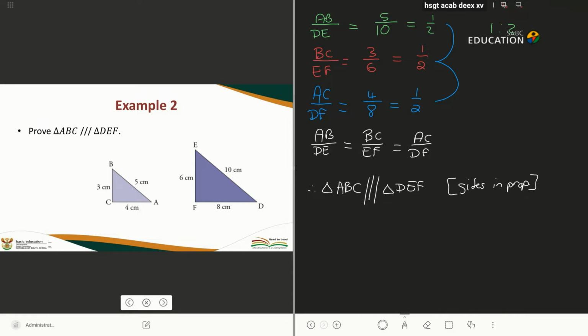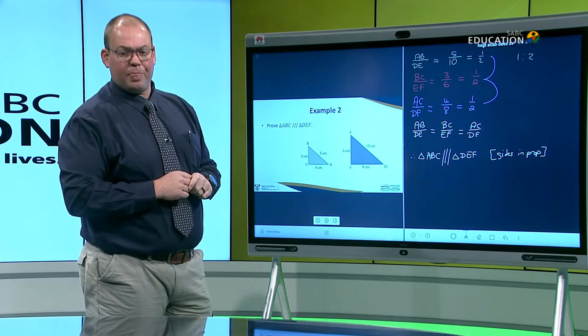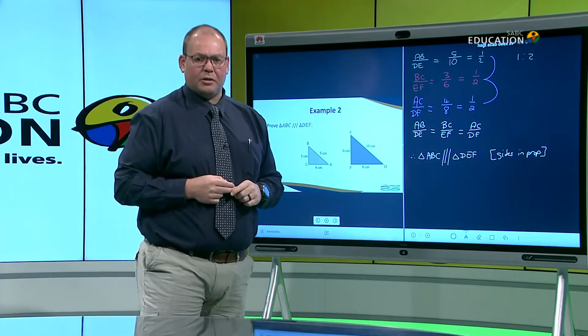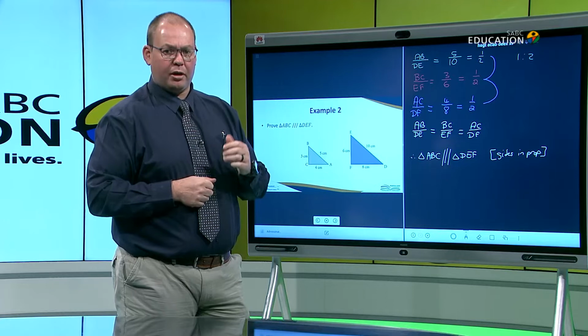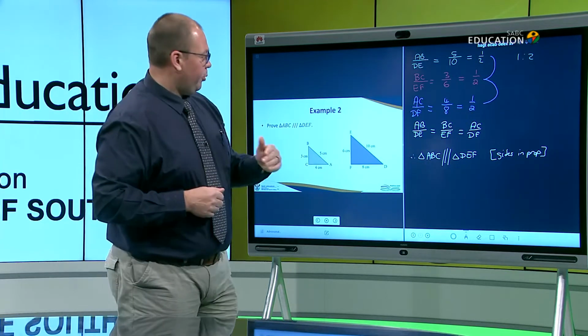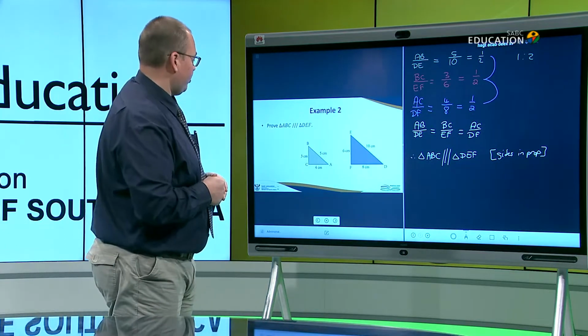So then you have calculated and you have showed that ABC is similar to DEF. So there's two methods of proving similarity. One, you prove that three pairs of corresponding angles are equal, or you prove that the sides are in the same ratio or same proportion.